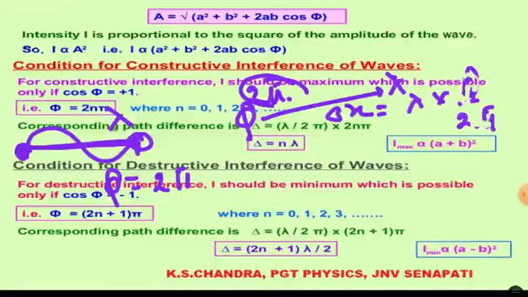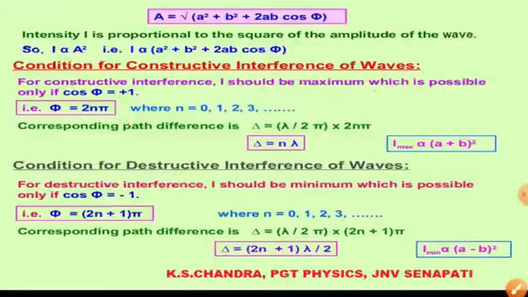You can write it like this also. As I said, for a phase difference of twice pi, path difference is lambda.